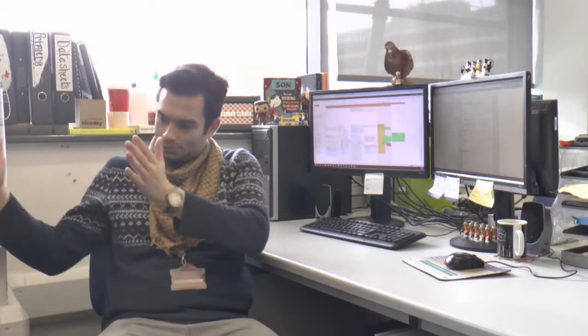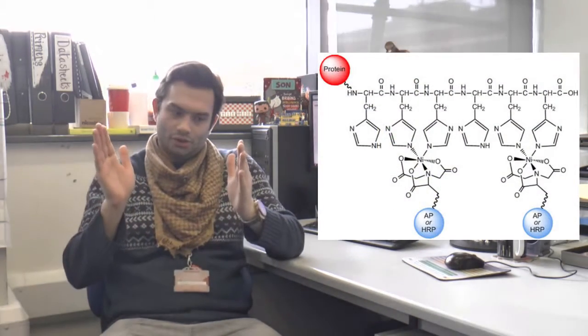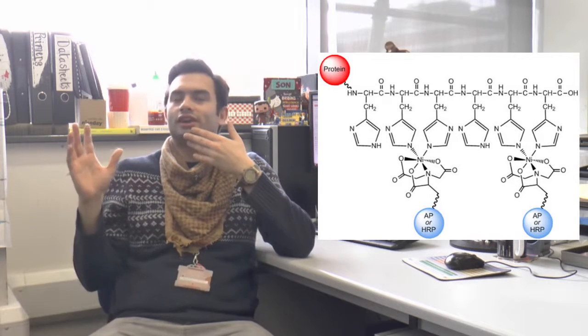Now, the most common one, and the one that we use, is called a His-tag, where you change the DNA structure of the enzyme. You have your enzyme code there, and just before it, you put the code for 6 histidines, and histidine amino acids have a high affinity for nickel.